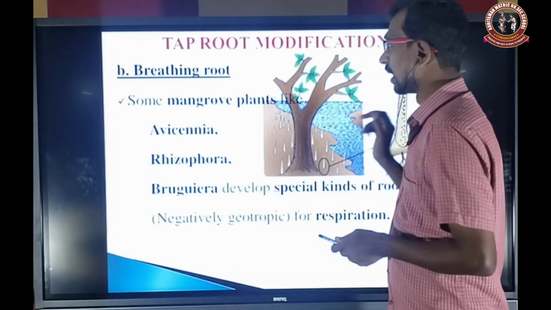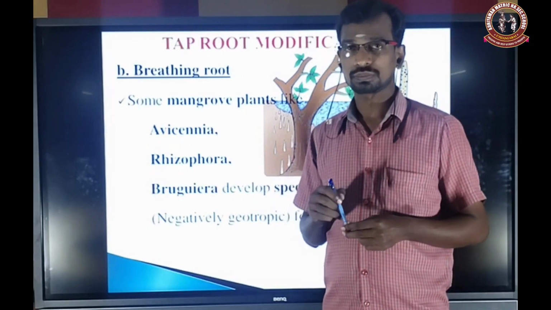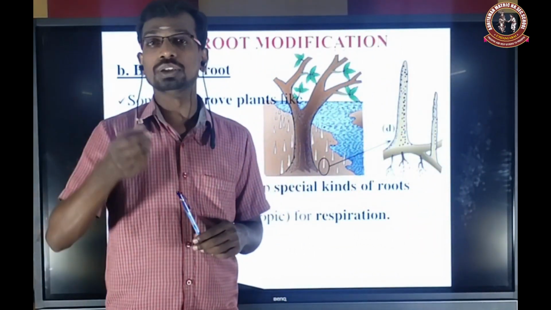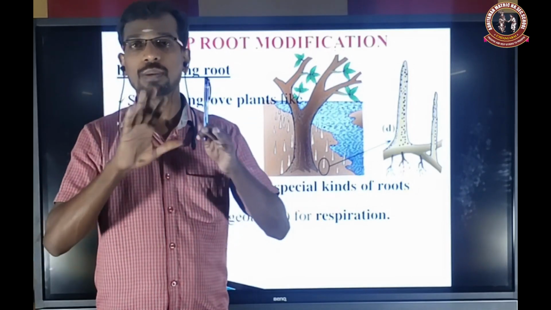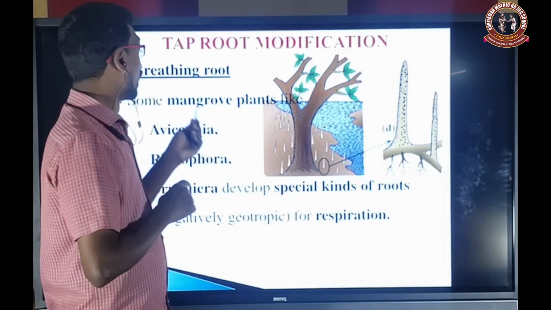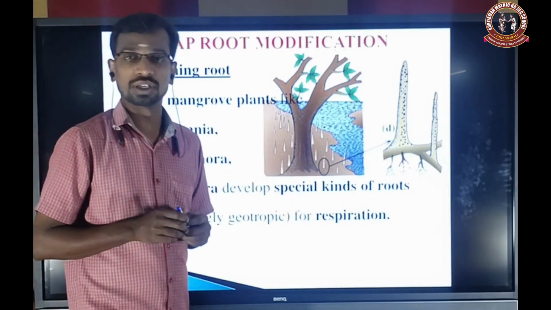Now let's see another taproot modification, that is the breathing root. I already told you about breathing. It is negatively geotropic. It is not common to all groups of plants, only those growing in mangrove forests.